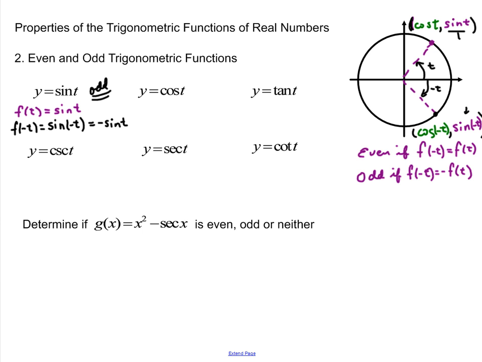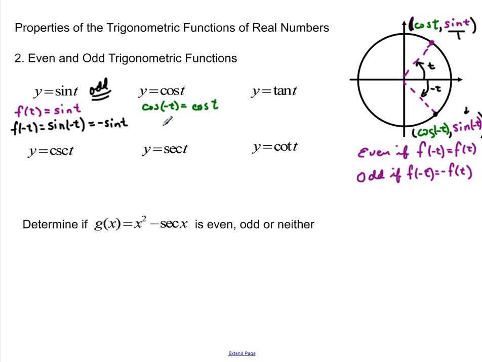Let's look at cosine of t. What happens to it? Well, cosine of t, if we put in a negative value there and compare it to the value that we get up here, right? Both of these have positive x values associated with them. So in this case, we're going to say that, well, that's the same thing as cosine of positive t.